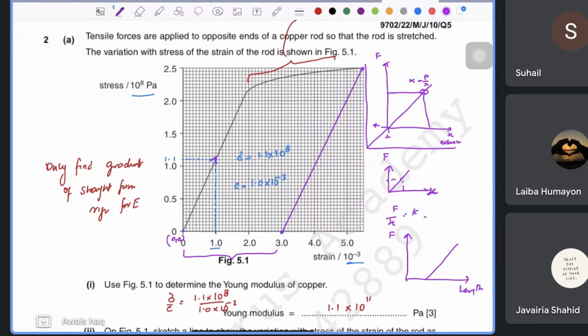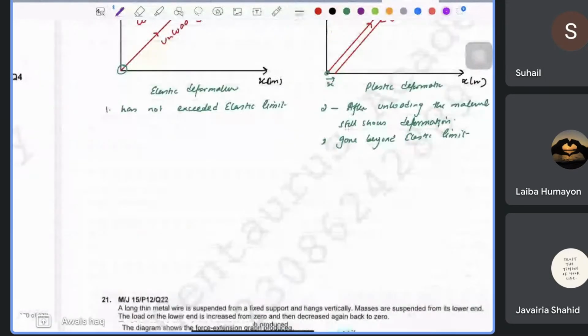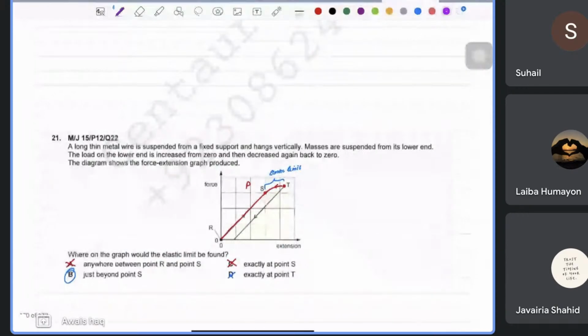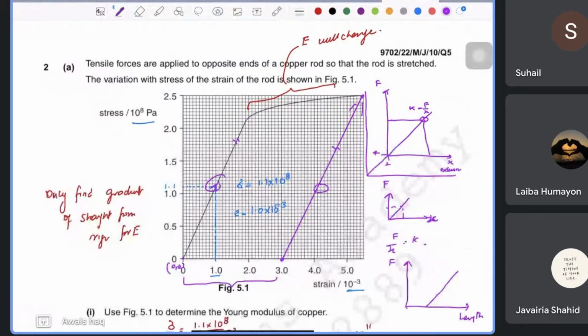And how do you know which way to take it down? Basically it will always go down parallel to this. So this line should be parallel to this, and you will see this in this question as well. Like in this question you see parallel lines, in this question as well parallel lines. Is it clear, everyone?